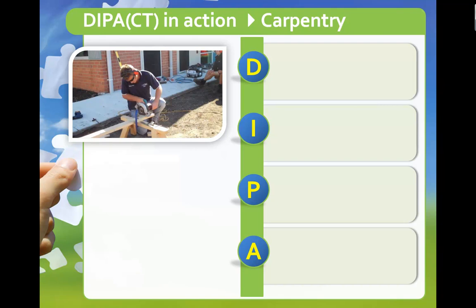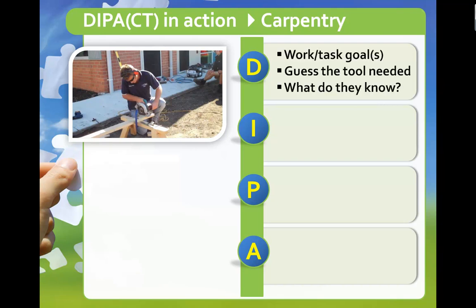So if we start with the discovery element here, how is this guy going to teach this group of learners? Well, he might start by talking about the overall work or task goals that need to be achieved today, and using the portable circular saw could just be one part of that. He may elicit from the students, what are we going to get done today?